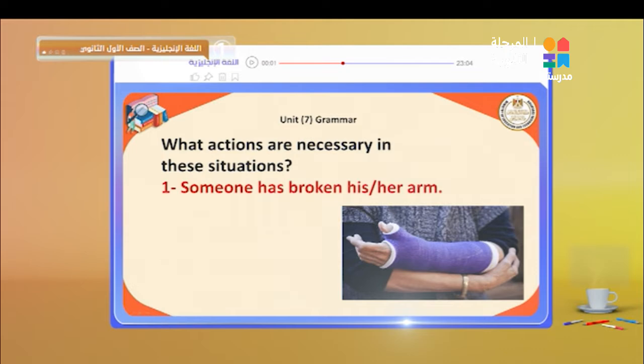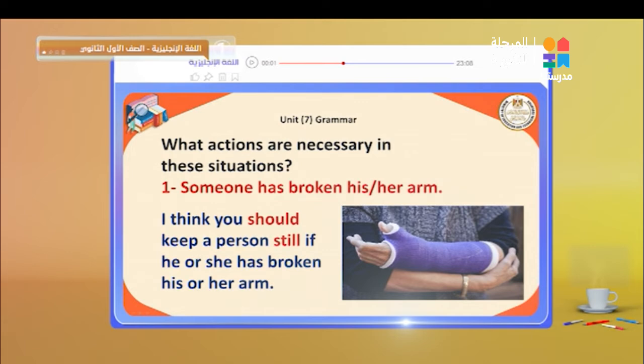What do we say? I think you should keep a person still. What's still? Still means you don't move this person. I think you should keep the person still if he or she has broken his arm. Keep him still, don't move him. So you should. Here we give advice with should.